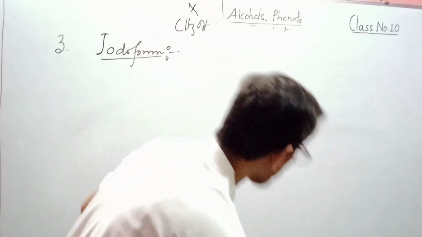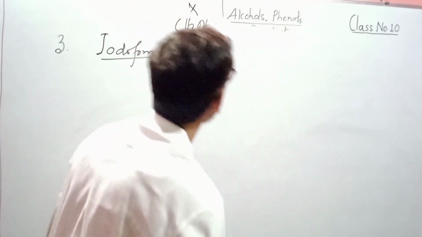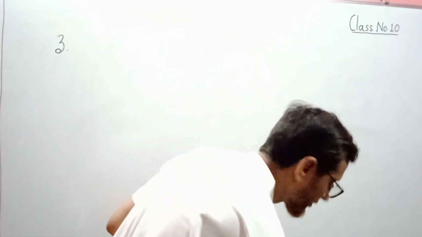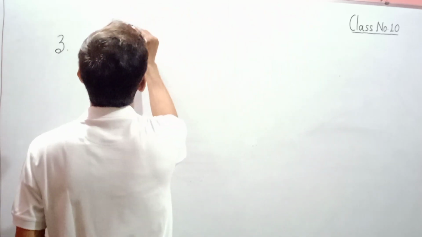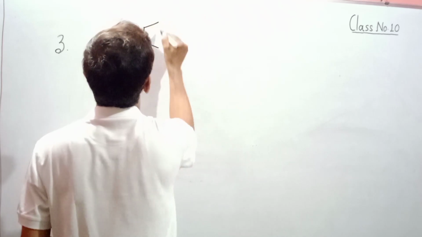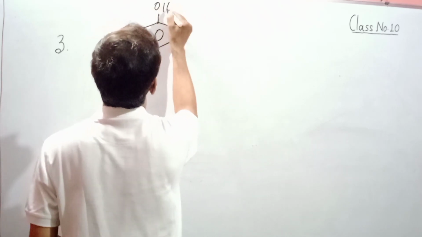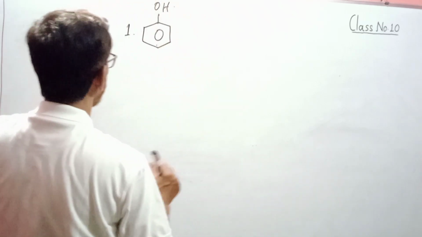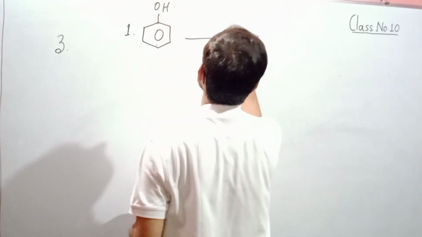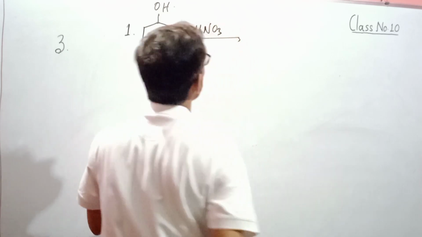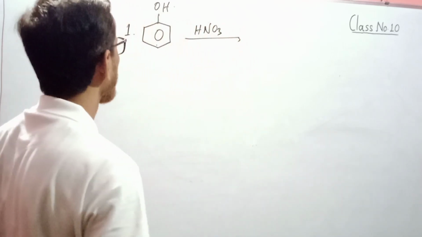Next one is phenol. Phenol is very simple and very easy. Number one, phenol. First reaction will show HNO3, meaning nitration of phenol.